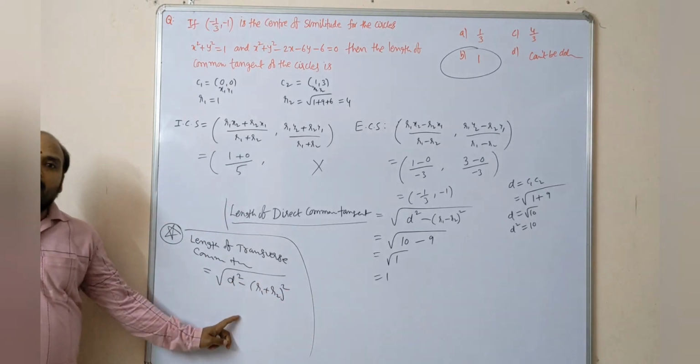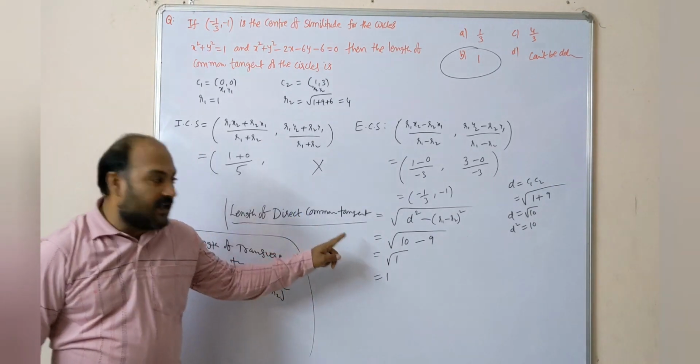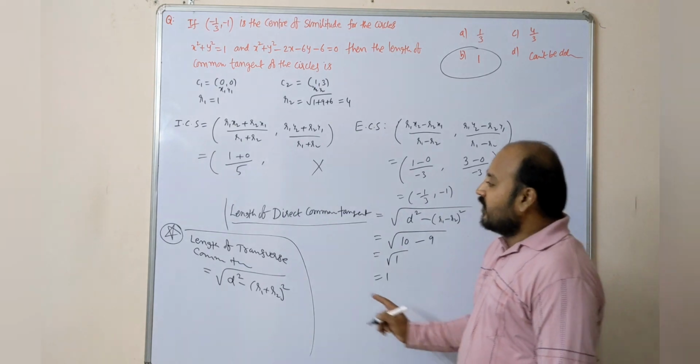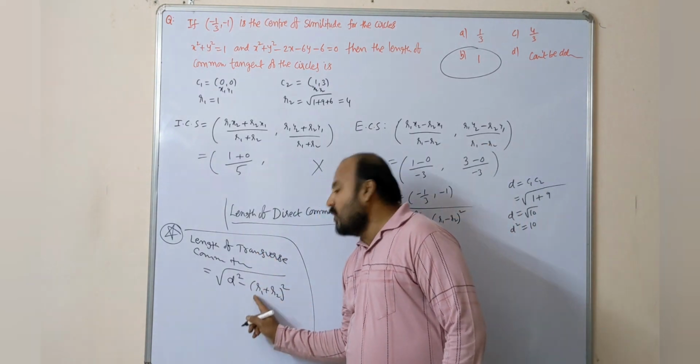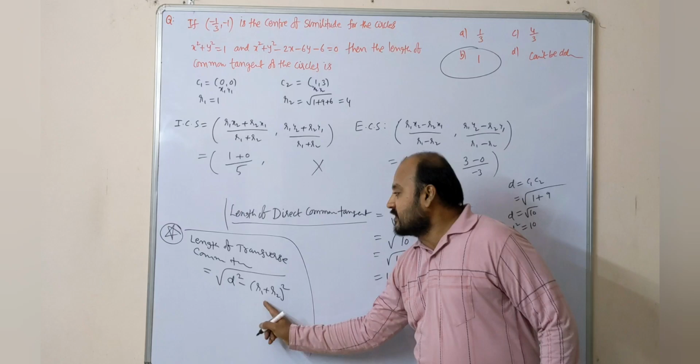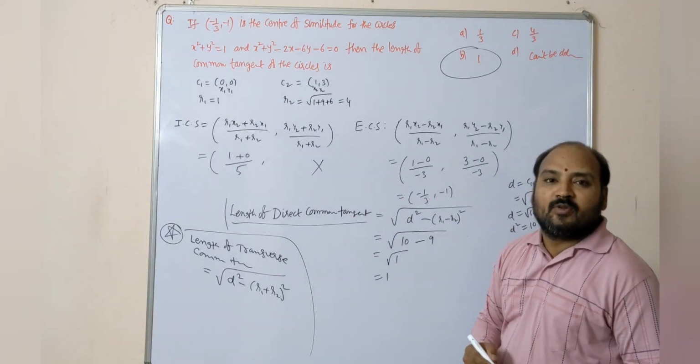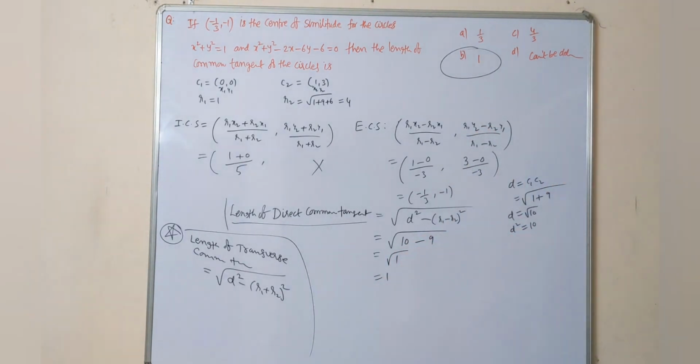That is the difference you remember. For direct common tangent, d square minus (R1 minus R2) whole square. For transverse common tangent, d square minus (R1 plus R2) whole square. Transverse means plus. Direct means minus. You remember. We'll move on to the next question.